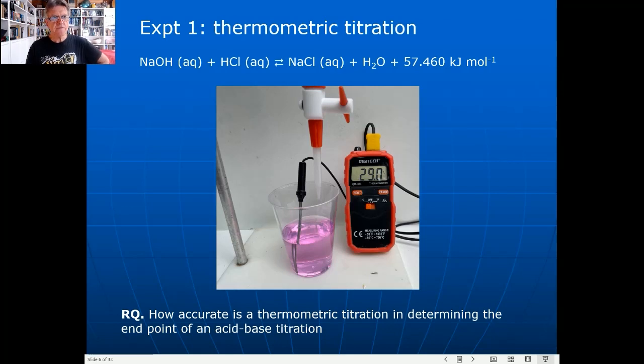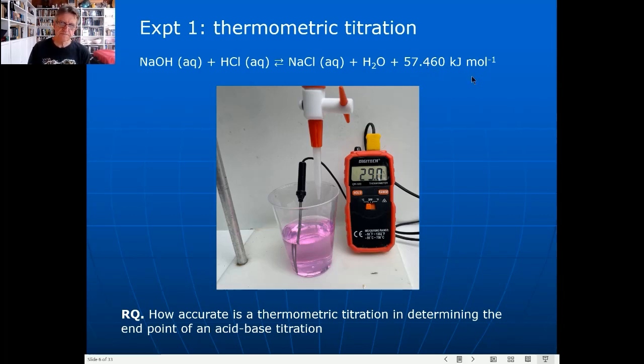Now, the equation I've got written in front of us is just sodium hydroxide and hydrochloric acid. Now it forms salt and water, obviously, but there's the heat of reaction, 57.4 kilojoules per mole.